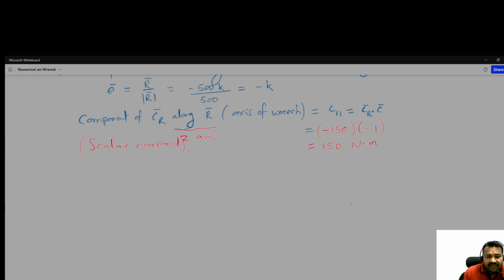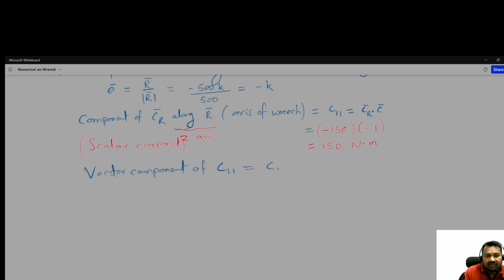So similarly we can get the vector component of C parallel.